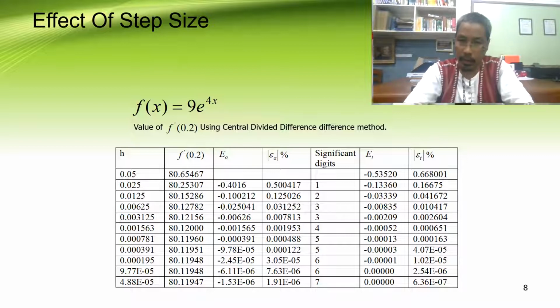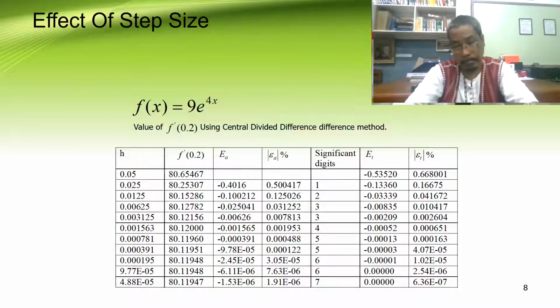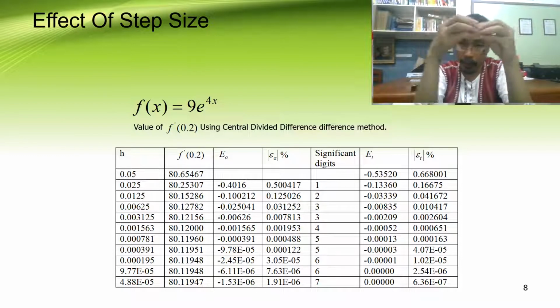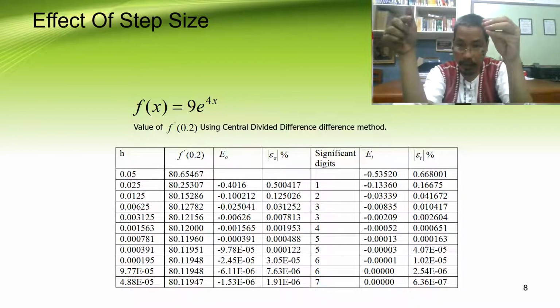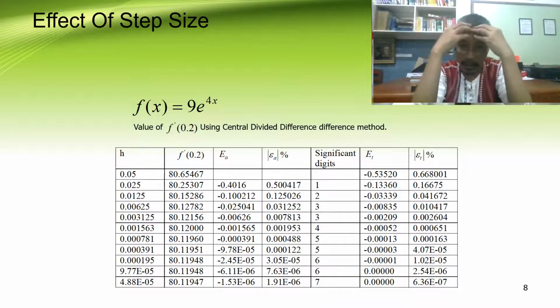Our unknown here is m. So we solve for the absolute relative approximate error, then equate it to 0.5 times 10 raised to the power of 2 minus m. One equation, one unknown, so we can solve for m, the significant digit.